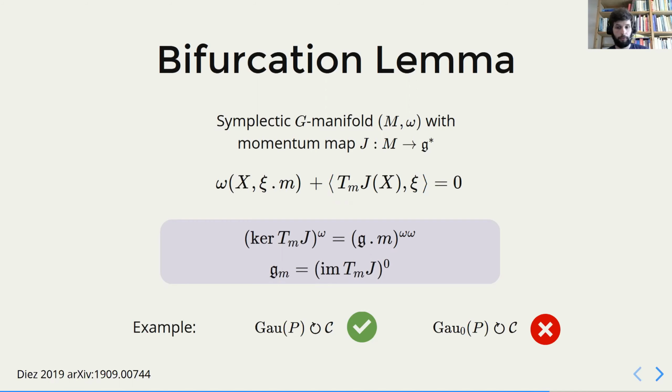But because you have this vanishing at one point, you see that the closure of this orbit is actually the same as the orbit of the whole gauge transformations. And that would be one example where this requirement of the symplectically closed orbit is violated.